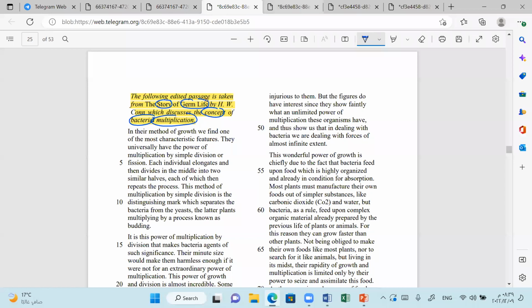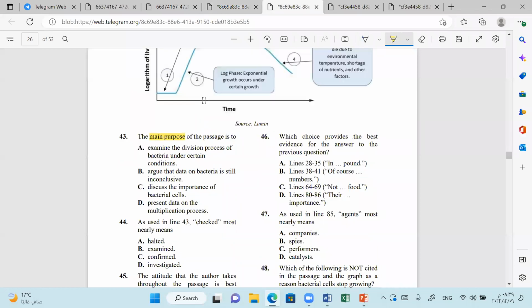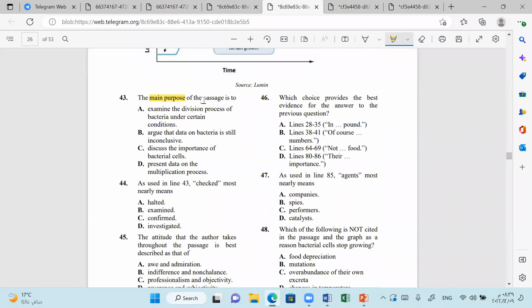Okay, good. Let's go for the process of elimination. Examine the division process of bacteria under certain conditions. We have bacteria, but division conditions might not be the best answer.